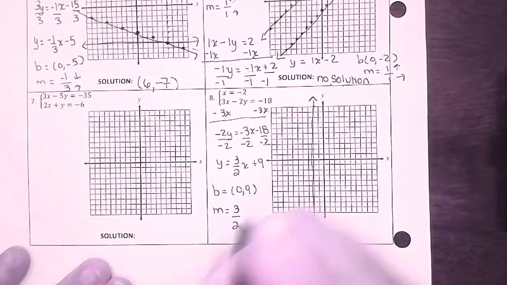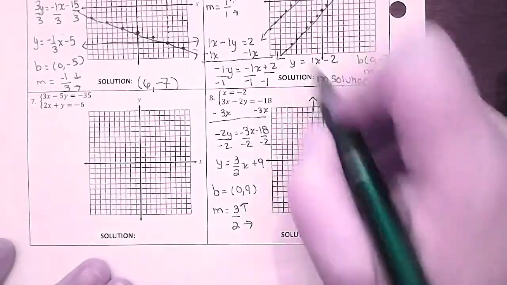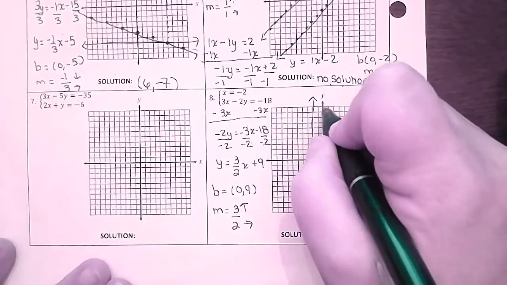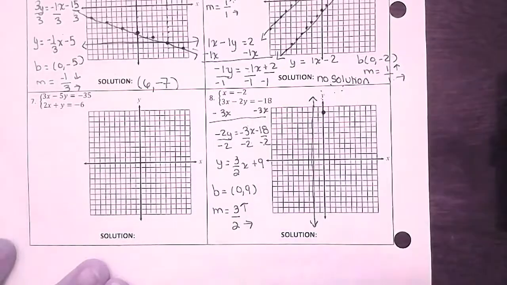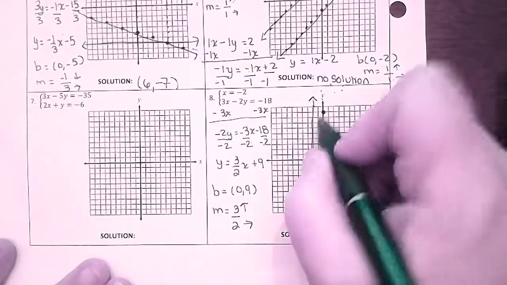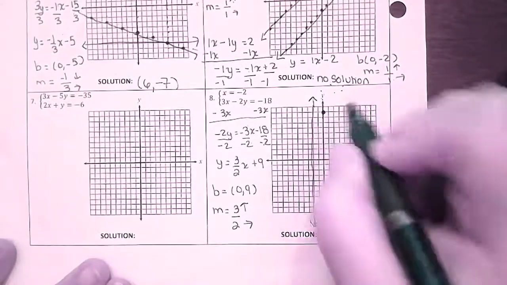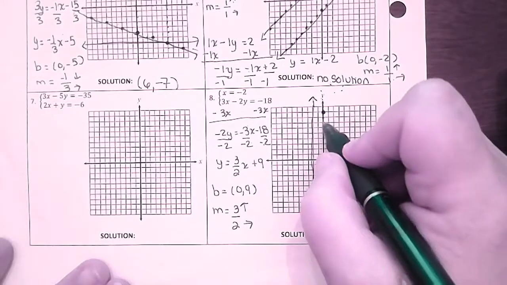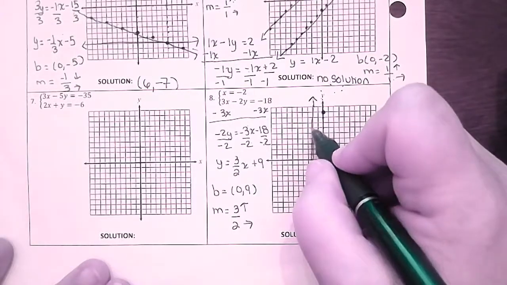So normally we go up 3 and over 2. But what do you see here? If I start here, I can't go up 3 and over 2, right? So I'm going to go down 3 and to the left 2. And what's nice is I hit the line right away. 1, 2, 3 over 2, right?